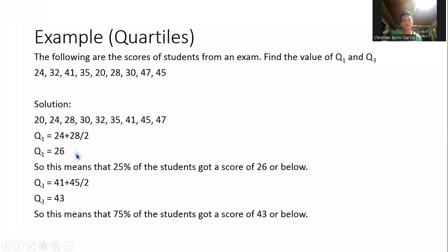It is equivalent to 26. So this means that 25% of the students get a score of 26 or below. For Q sub 3, the median is between 41 and 45. So we add those two, 41 plus 45 over 2, and the value is 43. So this means that 75% of the students get a score of 43 or below.